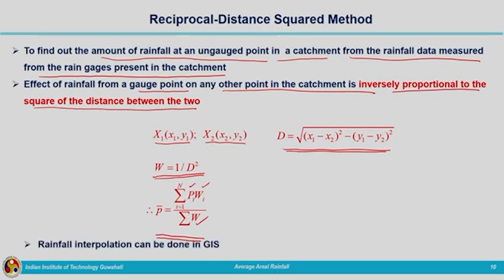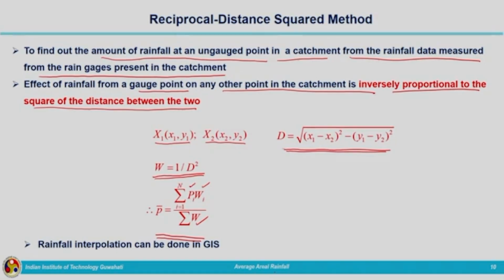So, this is a sort of rainfall interpolation technique. Different interpolation techniques are incorporated in GIS software, such as kriging. Different types of averaging interpolation techniques are available.